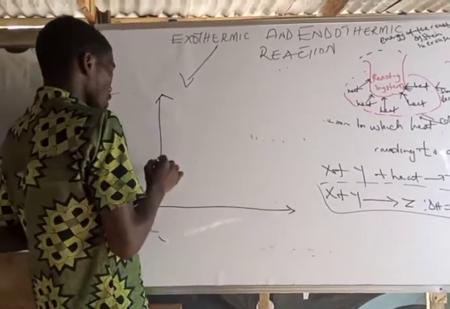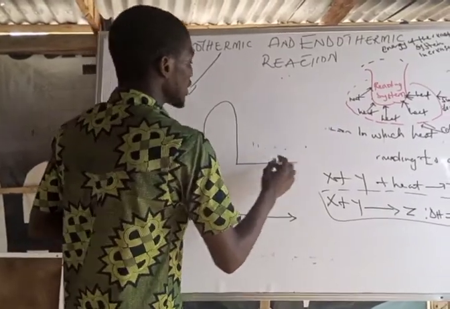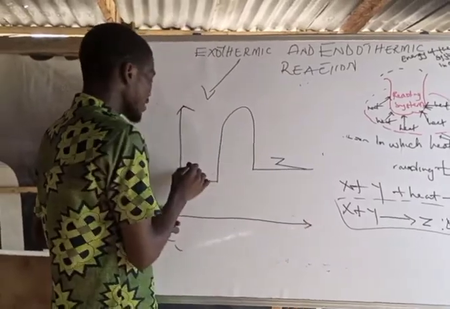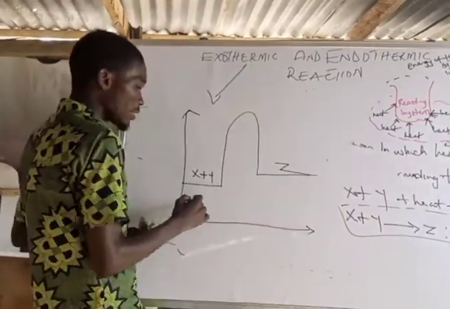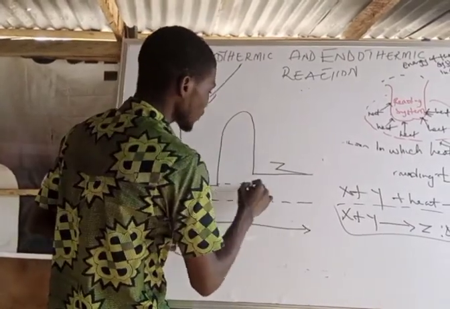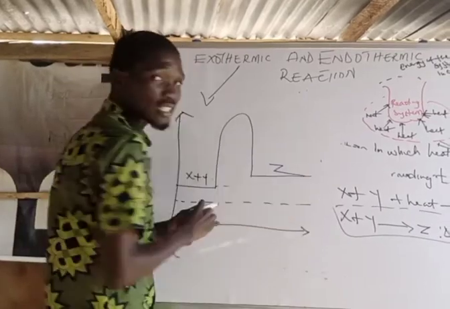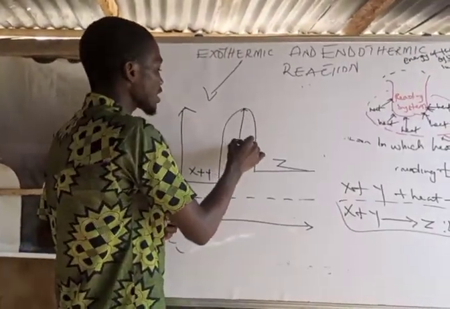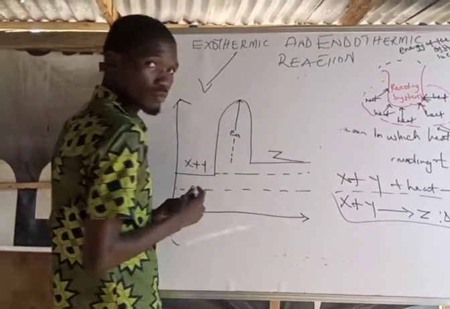So now class, let's check the graphical illustration of the endothermic reaction. We have this. Mind you, the energy of the product side, here we have Z, and we have X plus Y. Don't forget that when talking about the heat of reaction, we already have our activation energy in this particular place.